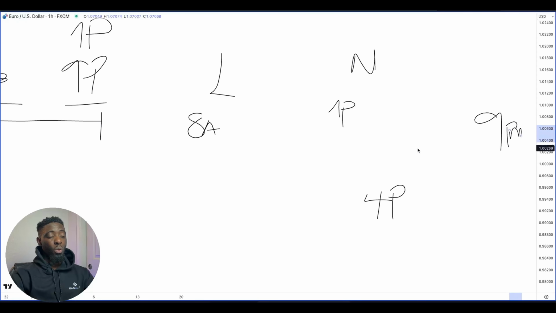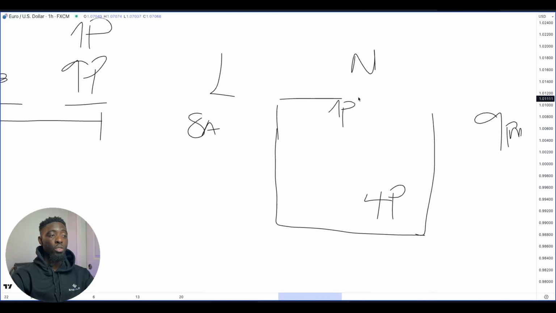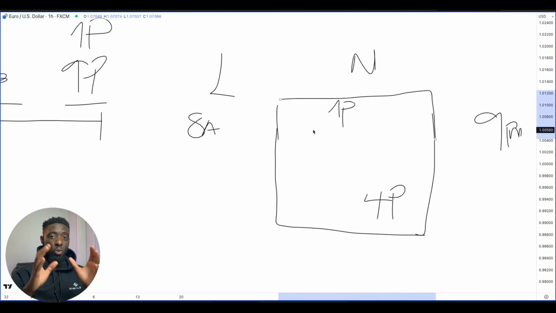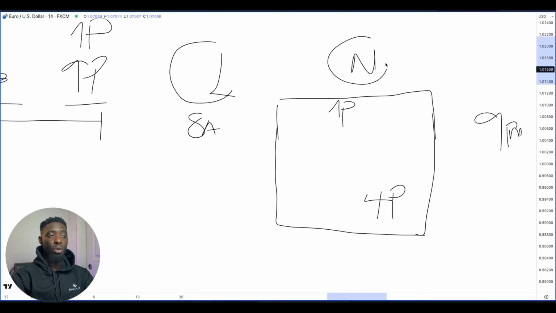There's a period where you have London traders and New York traders coming together to trade. So you're having 2 giants in the market at this time. These 2 sessions are the most traded sessions in the Forex market.